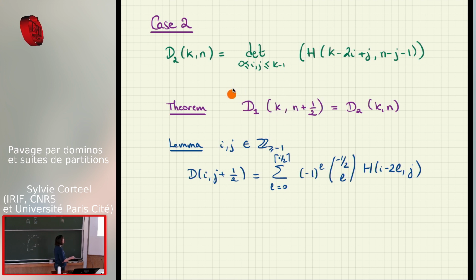Okay, and what you had proven here for D1, then the formula for D2 comes for free. Namely that D1 of K of n plus 1/2 is D2 of K of n. You have to work hard only once. Okay, you prove the L even case, and the odd case is just very simple from the even case.